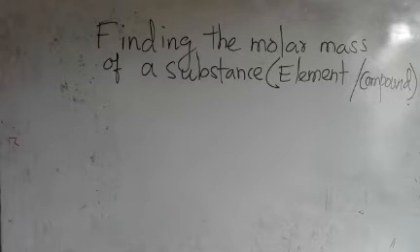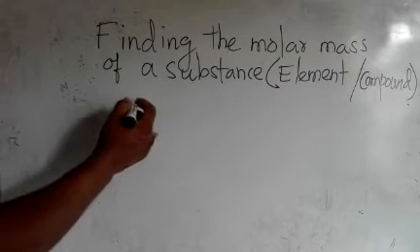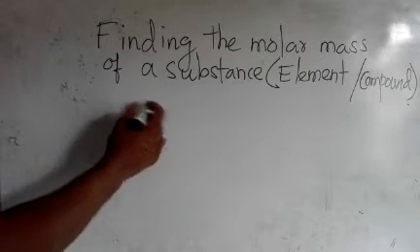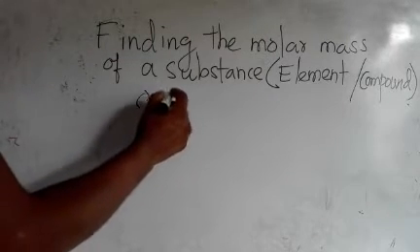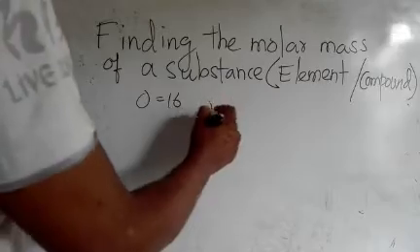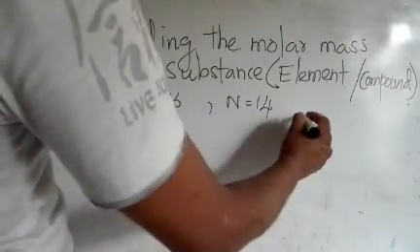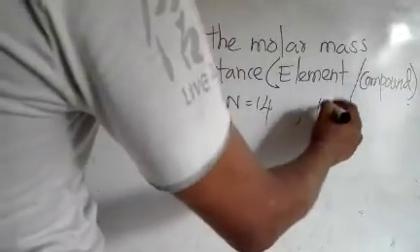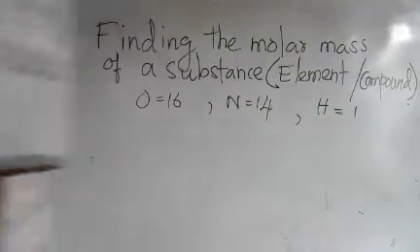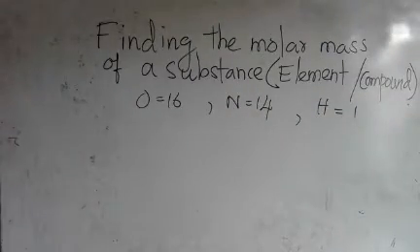Now, if the given substance is an element, it's very easy to find the molar mass. As an example, some relative atomic masses I will write here: oxygen 16, nitrogen 14, hydrogen 1. Finding the molar mass of an element is very easy.